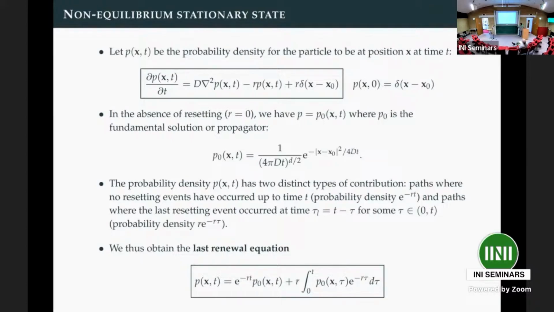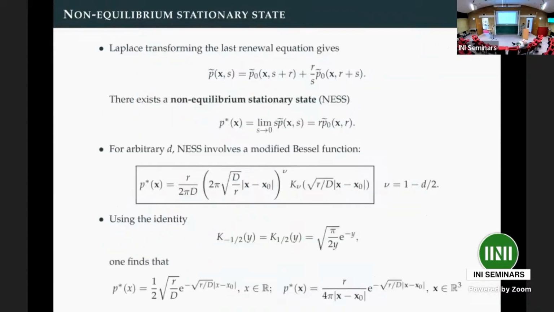Whereas this term says that if I last reset at time tau, maybe there's a typo here, then after I've reset, I don't reset anymore, so I just use P naught. So if I use that equation and Laplace transform it, I end up with this equation.